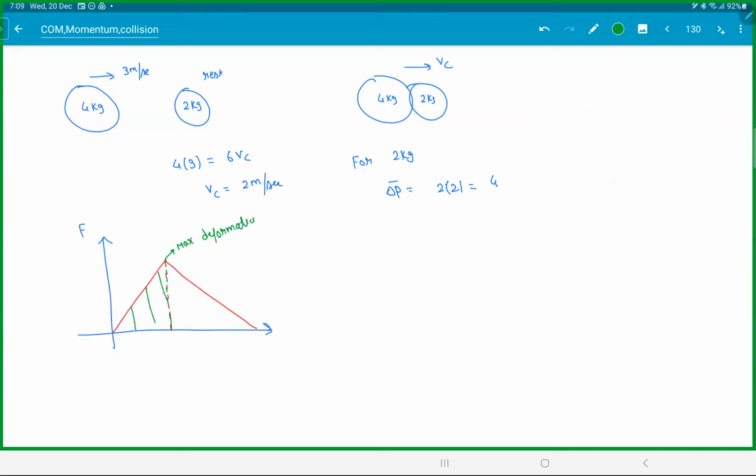Meaning this area is the change in momentum of the 2 kg block, isn't it? Whatever is the area under the graph up to this point will give you the change in momentum up to this T naught. This is T naught and this is 3000. So this area is the change in momentum of the 2 kg block up to maximum deformation.